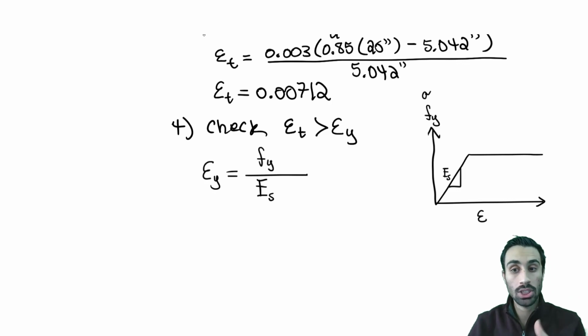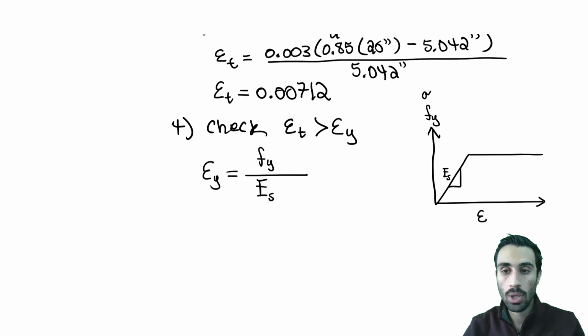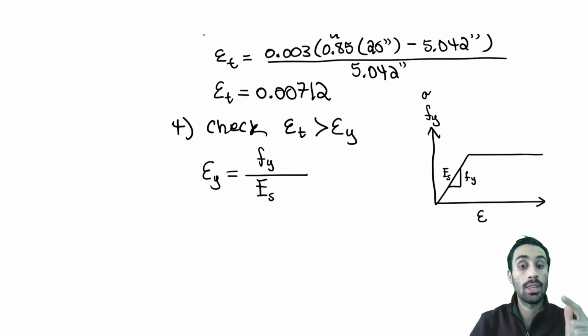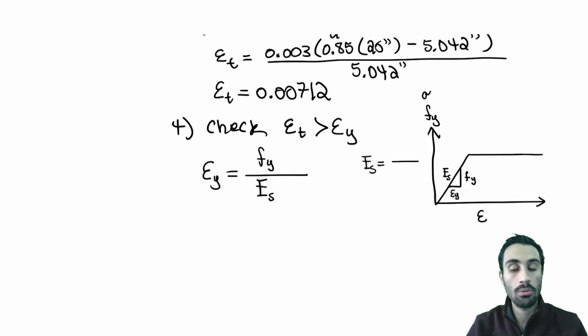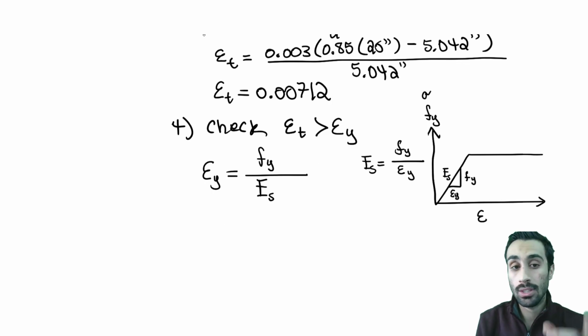That modulus of elasticity is the slope, and the slope is the rise over the run. The rise is the y, so for the y you have Fy, the yield stress. And for the x, you have the epsilon y, right? Here we know Es, the slope, is going to equal the rise over the run. The rise is Fy, the run is going to be εy for the yield point. Then you just rearrange that and you should get that. And that's how you would get the equation for the yield strain for the steel.